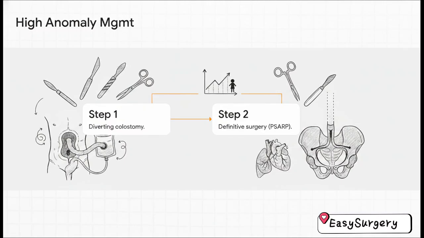We have to safely route stool away from the blind pouch and the delicate urinary or vaginal connections. Then, once the child has grown and is stable, we move to Step 2. Definitive anatomical reconstruction. A classic example of this is the PSARP, or posterior sagittal anorectoplasty, to carefully pull the bowel through the sphincter complex and create a functional anal canal.